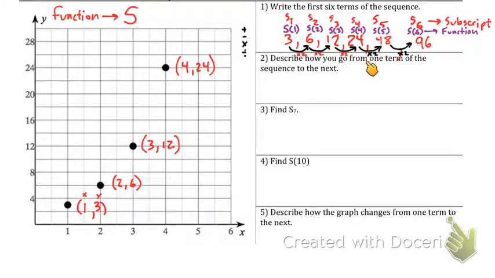Describe how you go from one term of the sequence to the next. So we kind of did that already, but we're going to write it out in words. So how do I go from the first term of the sequence to the next?